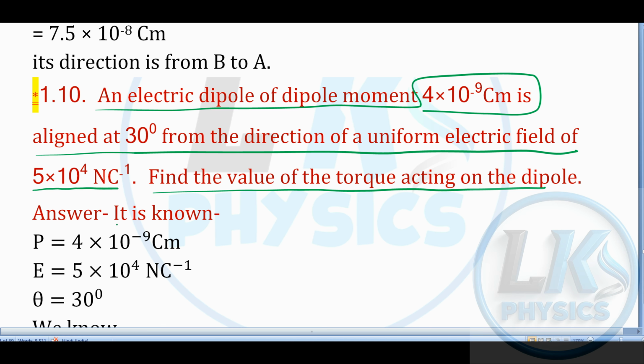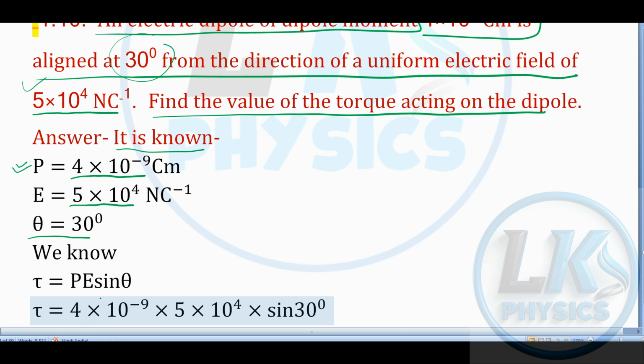It is known that the value of P, the dipole moment, is 4 into 10 raised to power minus 9. Then the electric field is 5 into 10 raised to power 4 Newton per Coulomb. And the angle of alignment is theta equal to 30 degree. We have to find the torque in a uniform electric field on the dipole.